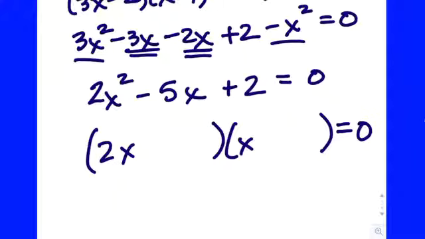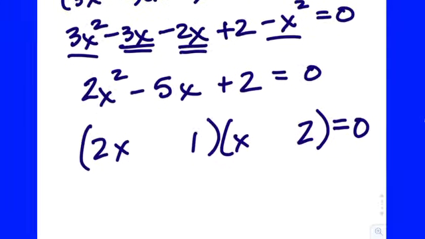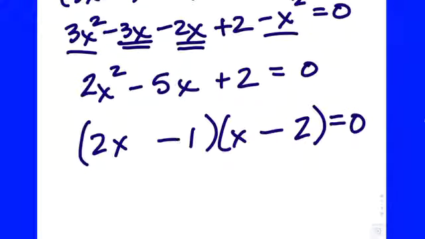And as I already mentioned in the back, the constant, 2 is prime. So it's going to be one of two things. It's either going to be the 2-1 combo or the 1-2 combo. I think it's going to be the old 1-2 combo. And so that's going to give me a negative, right?